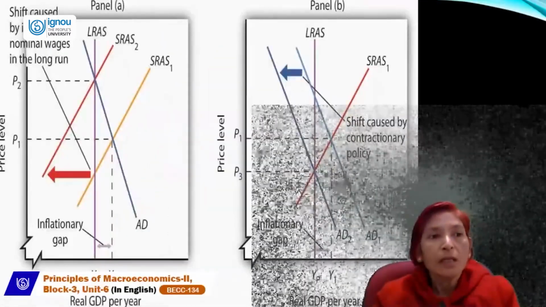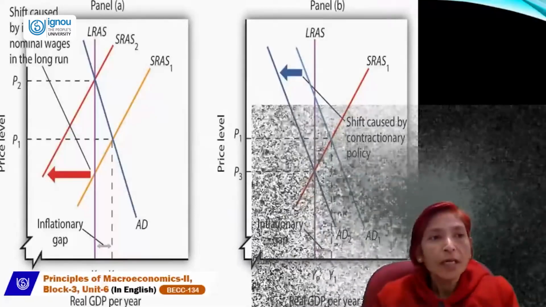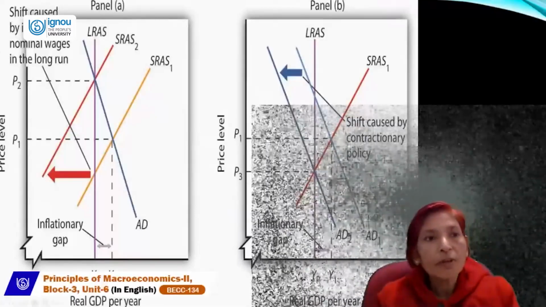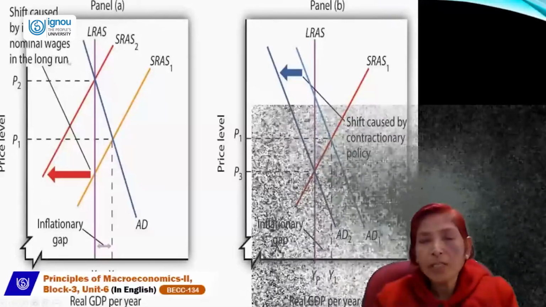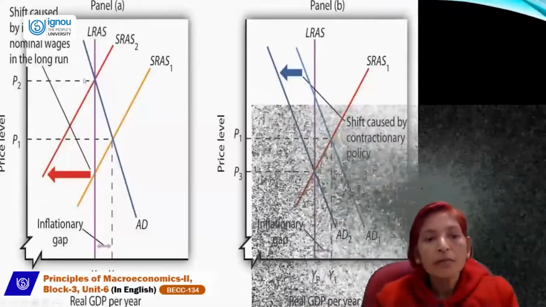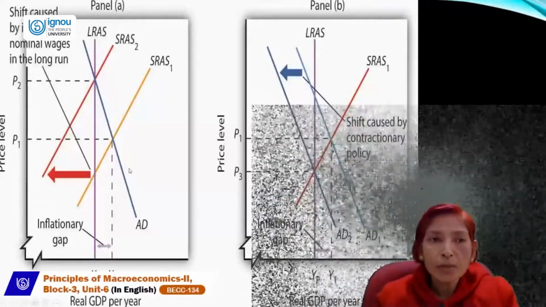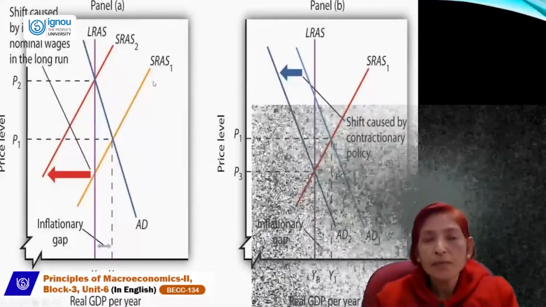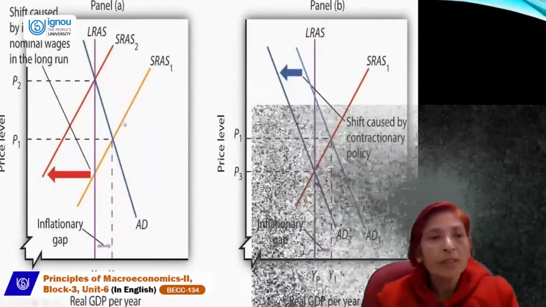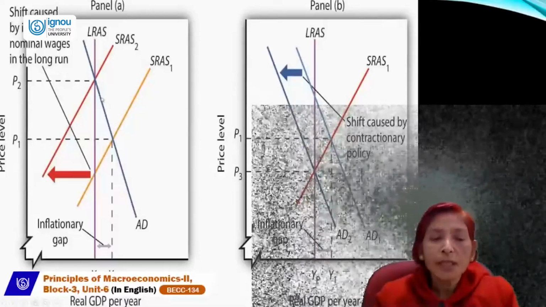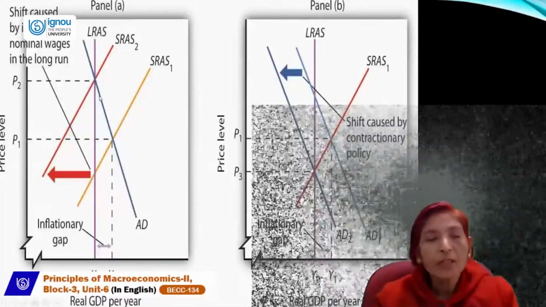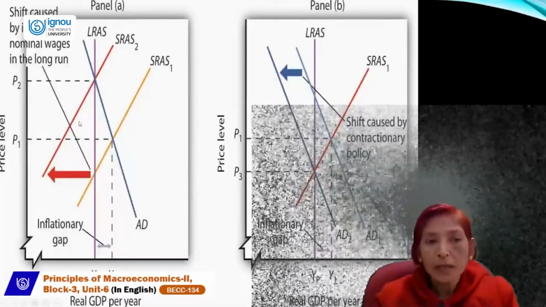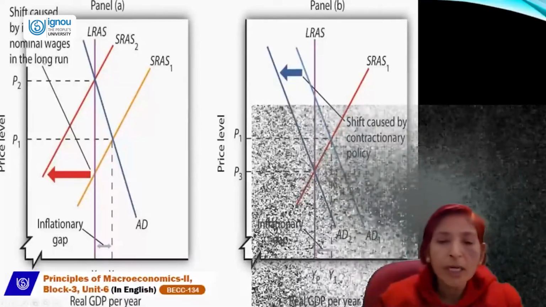Next is the shift in the aggregate supply curve, a shift caused by an increase in nominal wage in the long run. Here, same as the AD curve is a downward sloping curve, the LRAS curve is vertical, and the SRAS curve is the first or initial supply curve. If the supply curve shifts to the left hand side, then we can show an inflationary gap.